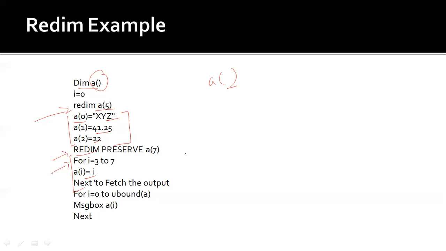For writing the For loop, you need to write For, then the range is written as I is equal to 3 to 7. It means the starting iteration will be 3 and the last iteration 7. And after writing these statements, you need to write Next for the next iteration.